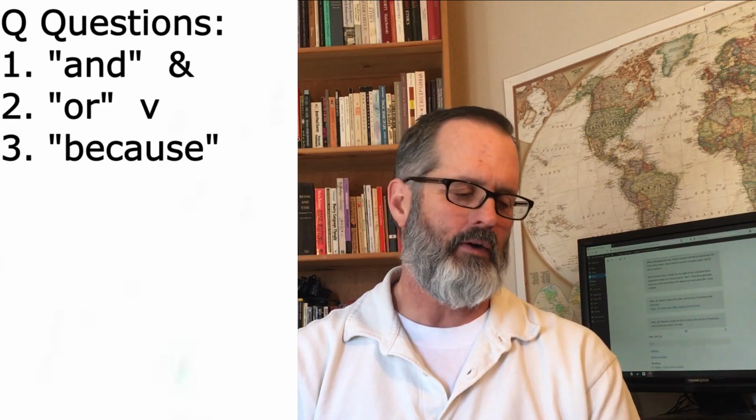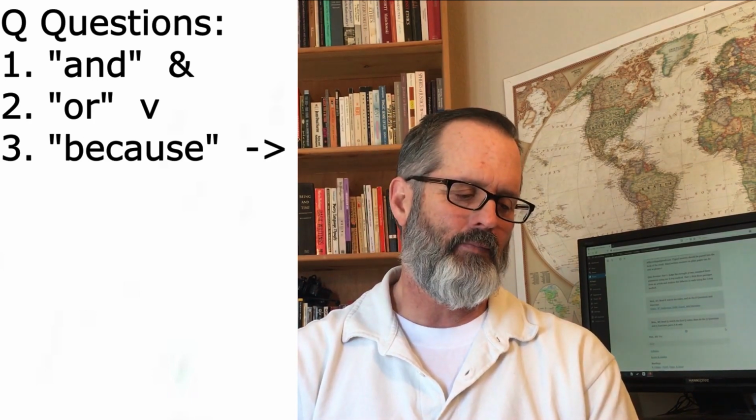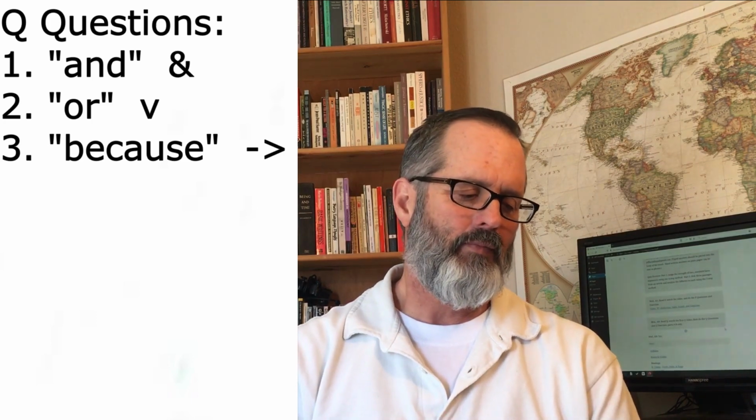So let's see. Jeff looks like a monkey because he has a huge beard. So now think. Jeff looks like a monkey and he has a huge beard? No. Jeff looks like a monkey or he has a huge beard? No, right? We can see that these things are causally related to each other. This is an arrow.